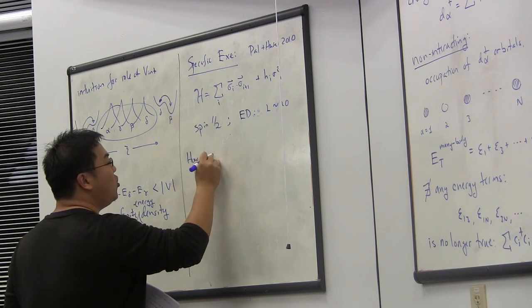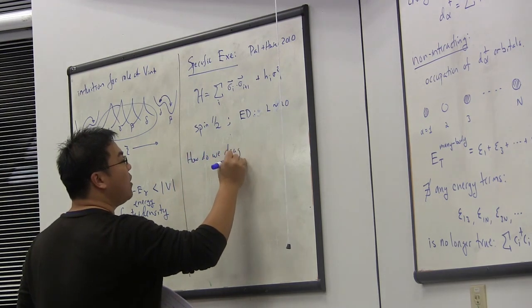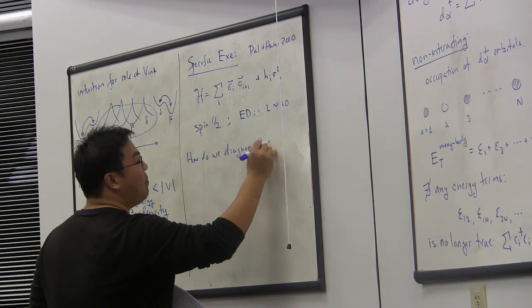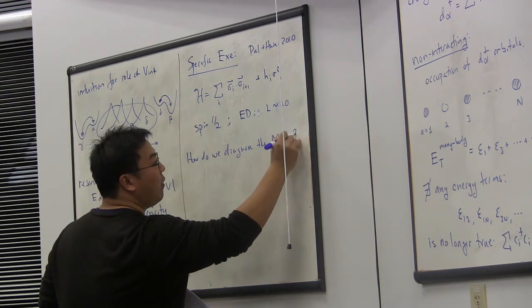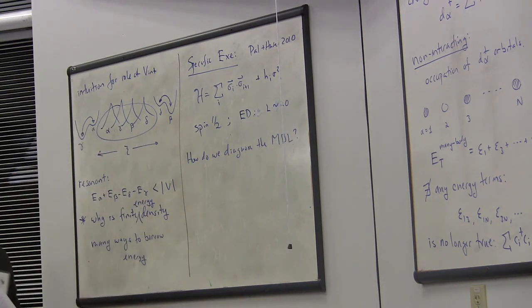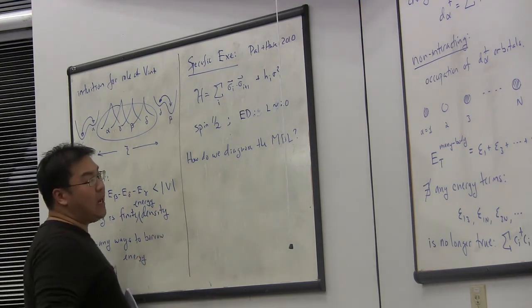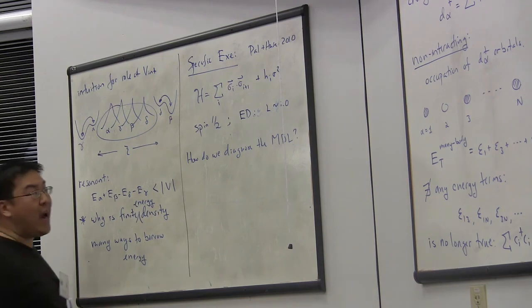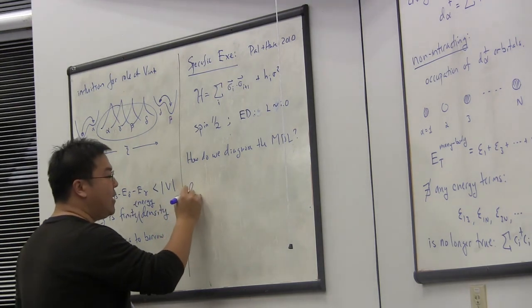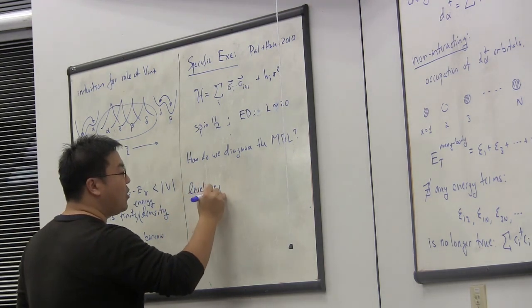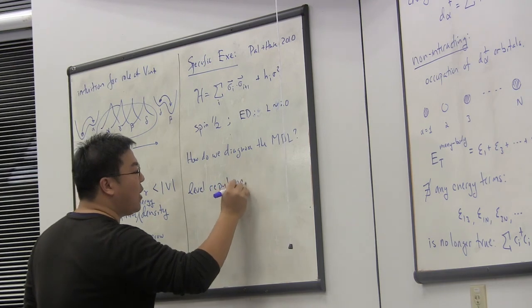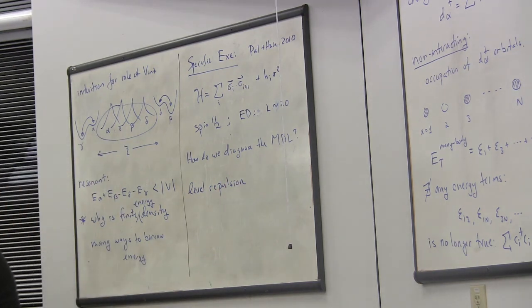How do we diagnose the MBL transition? The MBL to ETH transition. And perhaps the most standard way to diagnose this is something that Dima mentioned, but we'll explore in a little bit more detail, which is the notion of level repulsion.